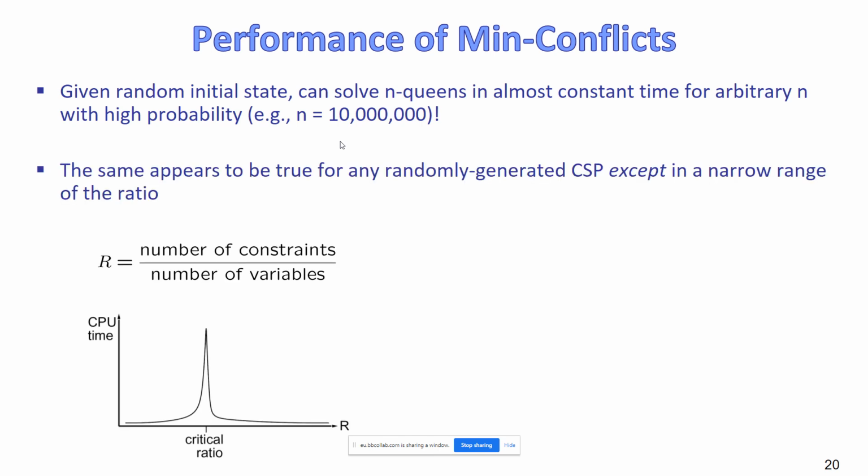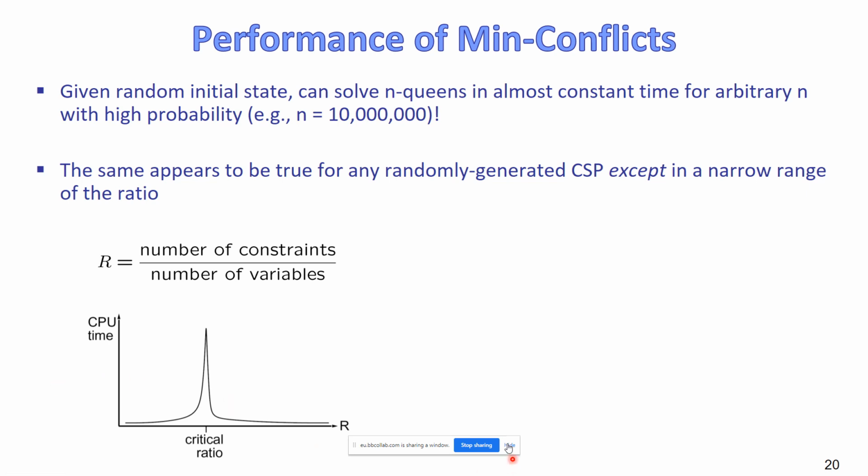To generalize this idea, consider the ratio R between the number of constraints and the number of variables, and look at the time needed for the iterative improvement algorithm to get to a solution. If you look at this curve, we have three cases.